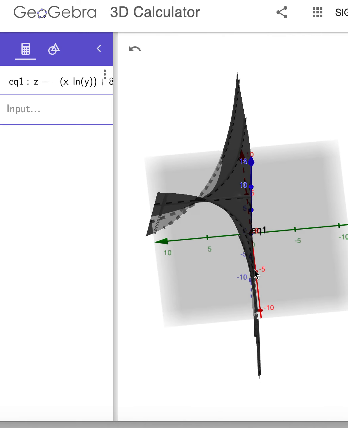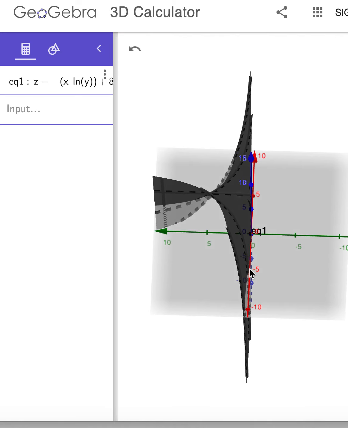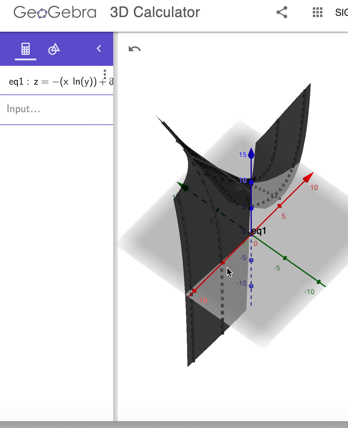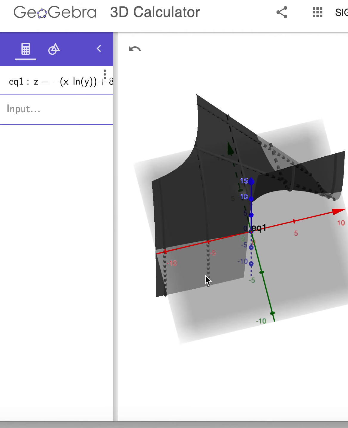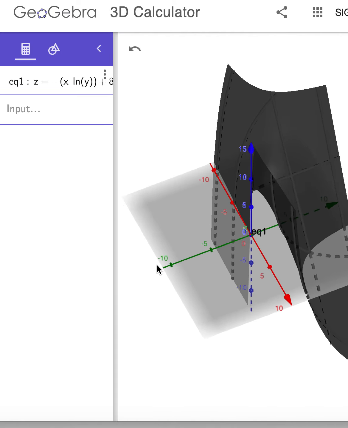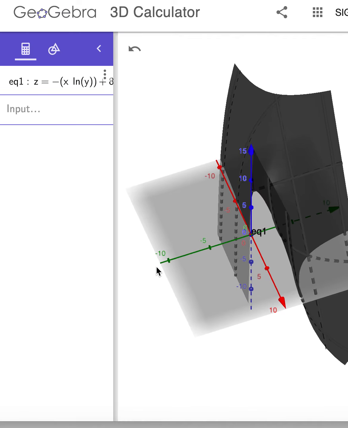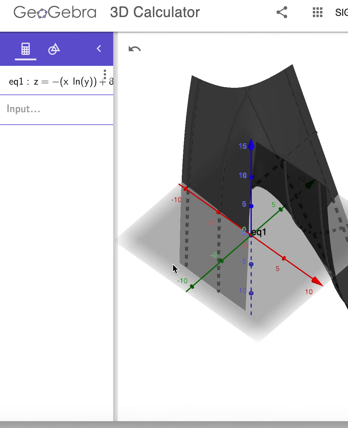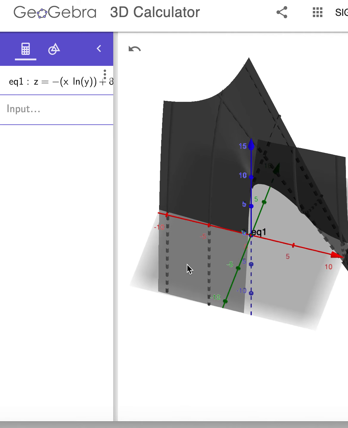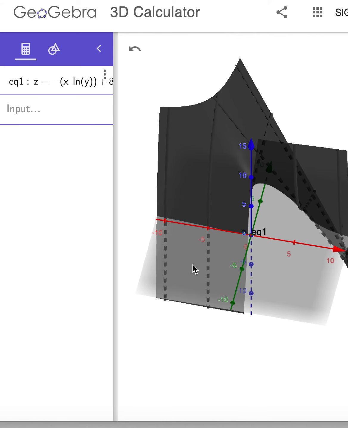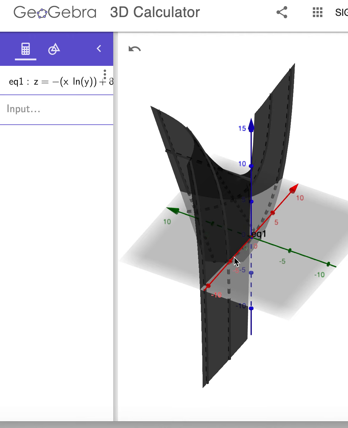And here, even though the surface seems to go kind of vertical, it's not perfectly vertical. It's still sloped just slightly, just like the ln x function is sloped. And ln x, of course, is a function. And so this is a function as well.